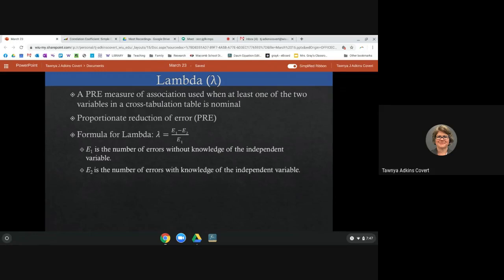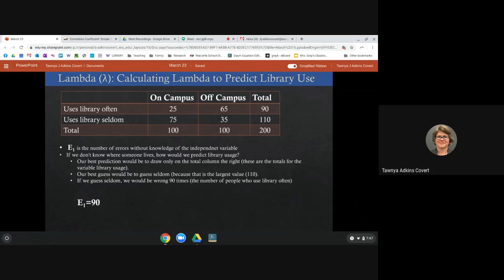And let's run through an example. Let's say that we want to predict library usage of students. We have uses library often, 90 students. Uses library seldom, we have 110 students. You can probably detect a pattern here.